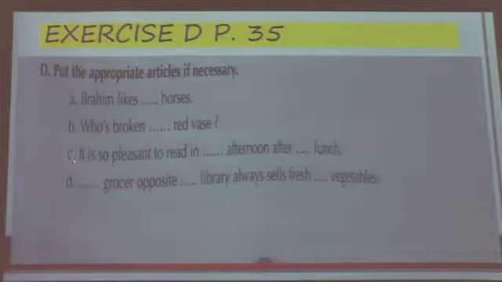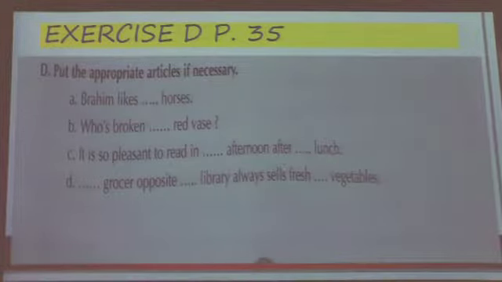For C, it is so pleasant to read in. So here we have afternoon, which is a part of the day. And for some parts of the day, we use the definite article the, like evening, afternoon, okay? And after, here we have lunch.